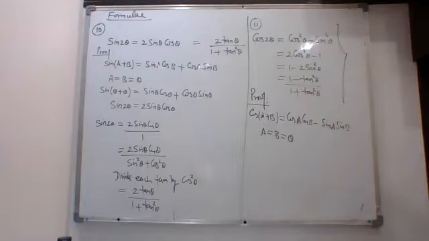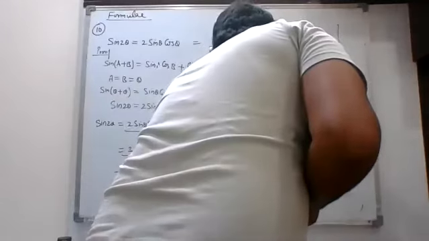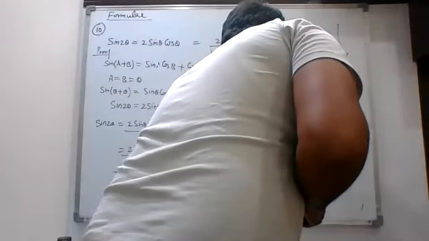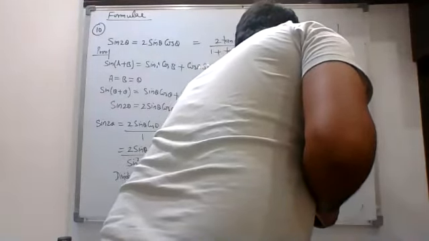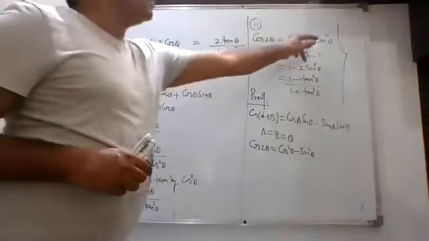Then you will get cos 2θ is equal to cos² θ minus sin² θ. Right? That means we had proved this first one.